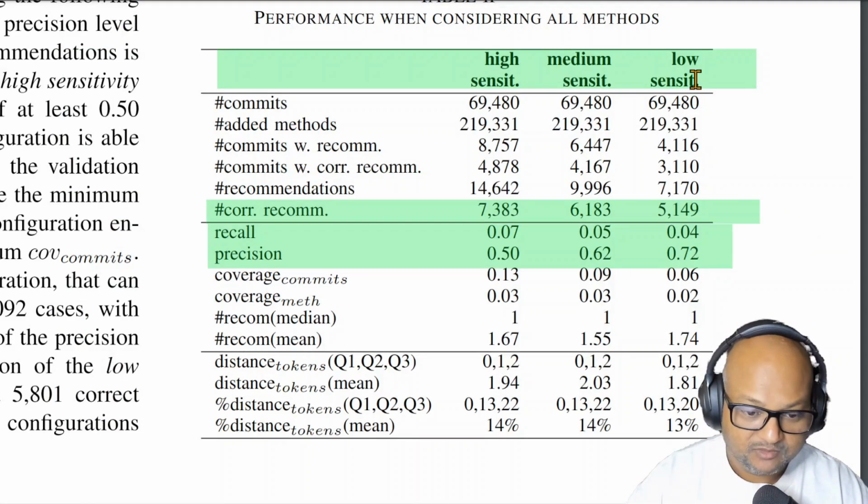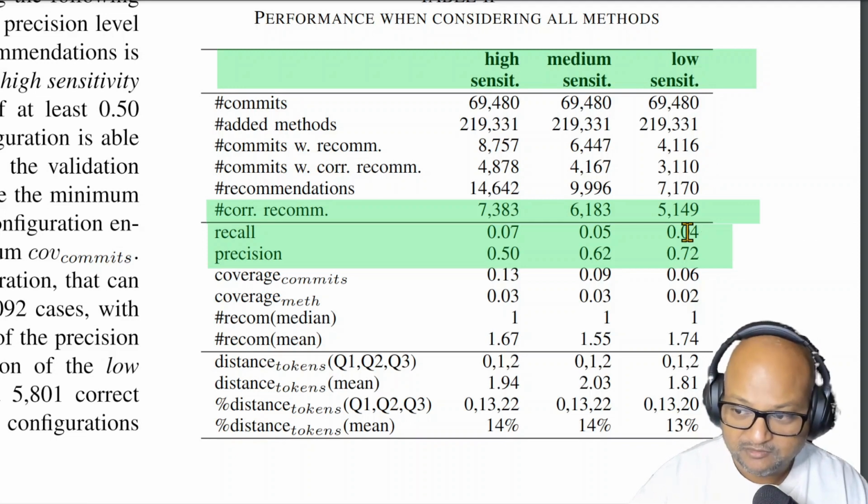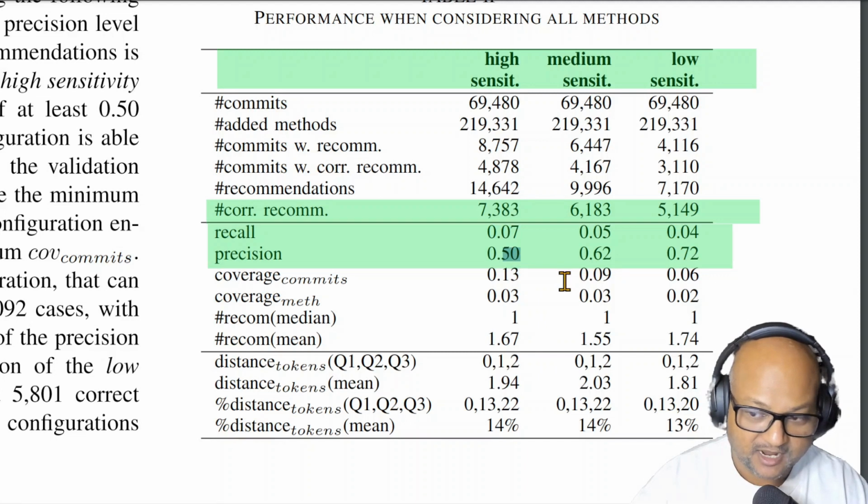What they found was that on the lowest sensitivity setting, remember that low sensitivity means that the system tries to generate a small number of high quality recommendations, the recall was only about 4% with precision being 72%, whereas on the high sensitivity setting, recall was 7% and precision was down to 50%.